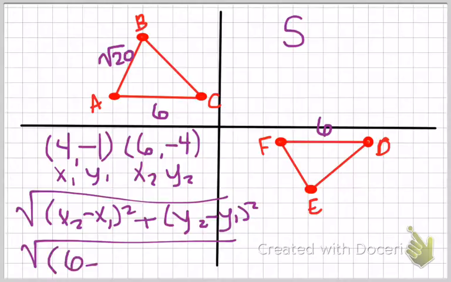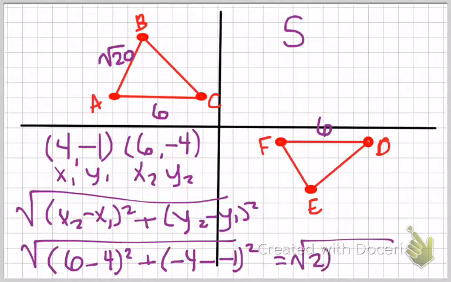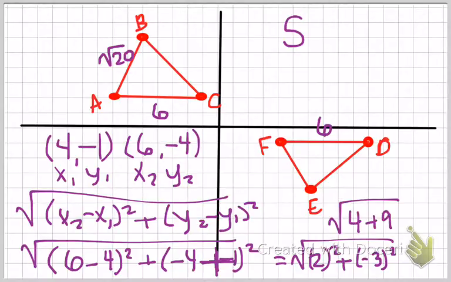So that's 6 minus 4 squared plus negative 4 minus negative 1 squared. 6 minus 4 is 2. A negative and a negative make a positive, so negative 4 plus 1 is negative 3. And then we square them and add them. So that's the square root of 4 plus 9, which gives us the square root of 13. So right off we know that AB is not the same thing as FE.